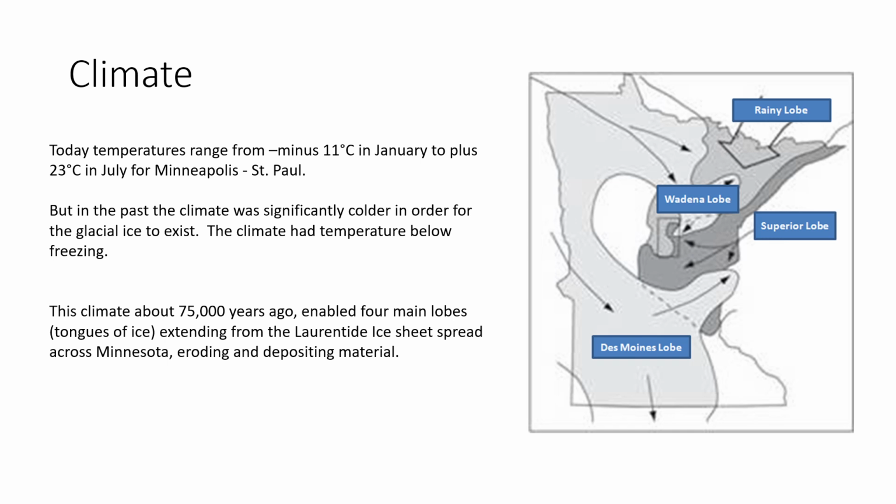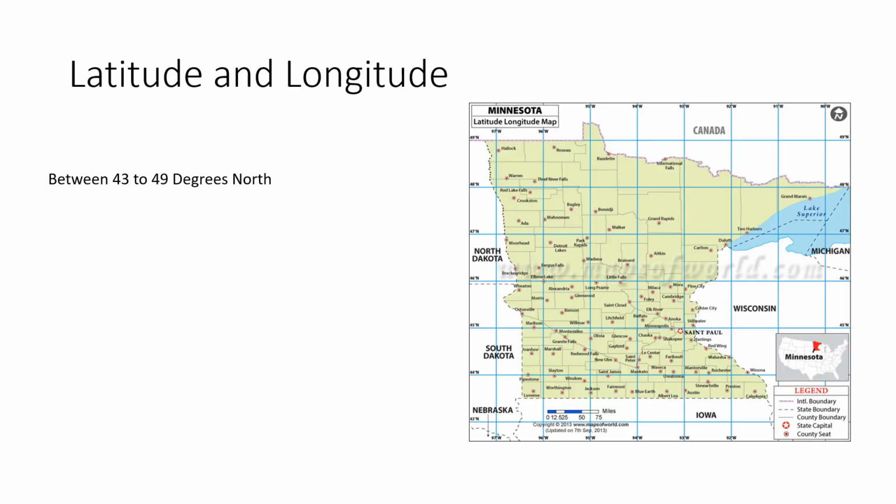And as you can see from the image, we have 4 key lobes: the Rainy lobe, the Rainy lobe, the Superior lobe, and the Des Moines lobe. They have influenced the landforms that we find. So the climate that enabled them to exist is really important. So particularly those past climatic conditions, those ice age conditions, have influenced the landforms we find here.